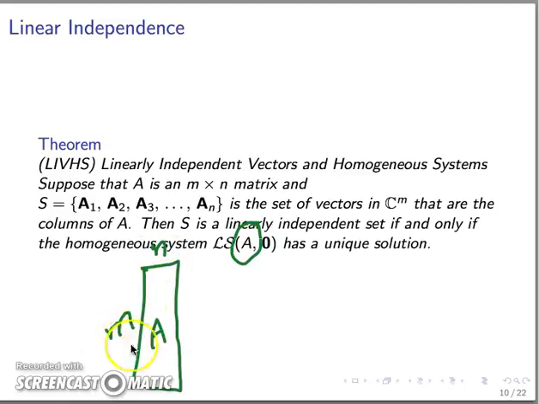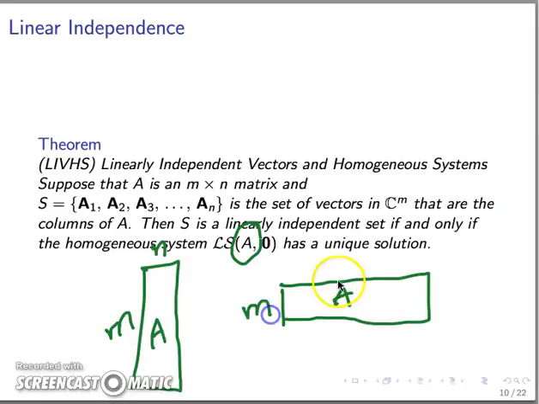So this is a case in which there are more rows than columns, but we could also have a rectangle in this form. This would be a matrix A. It has m rows and n columns, with n always denoting the number of columns, and regardless of whether it is rectangular or square, we're assuming that each of these columns is an element of Cm. So each column would have m entries, right?